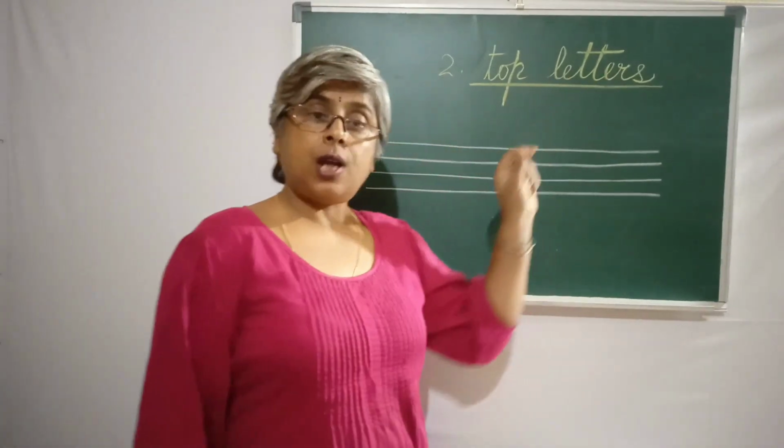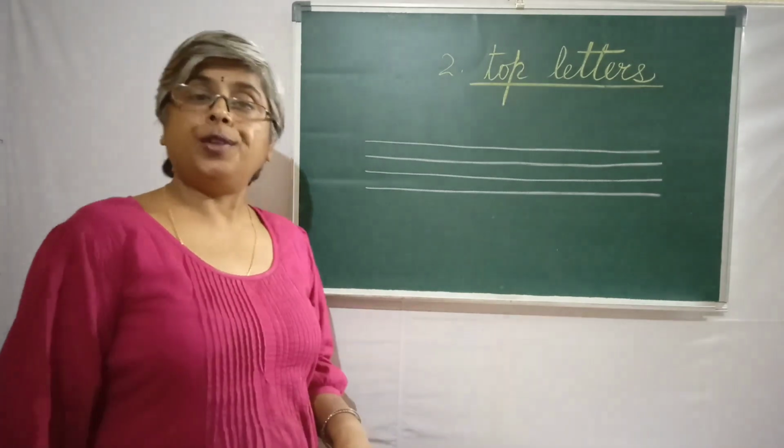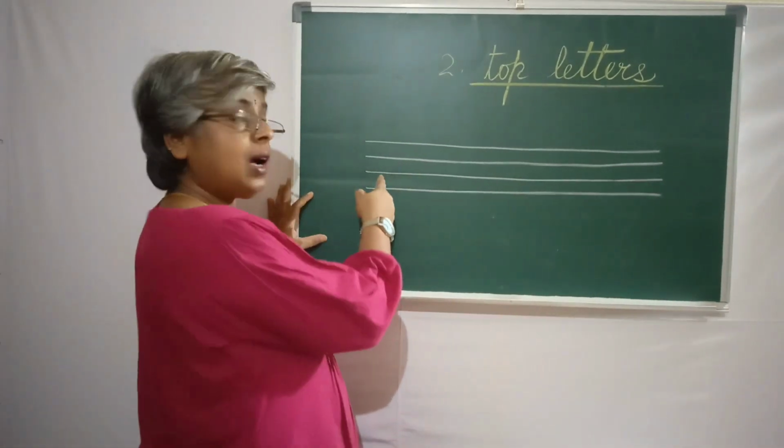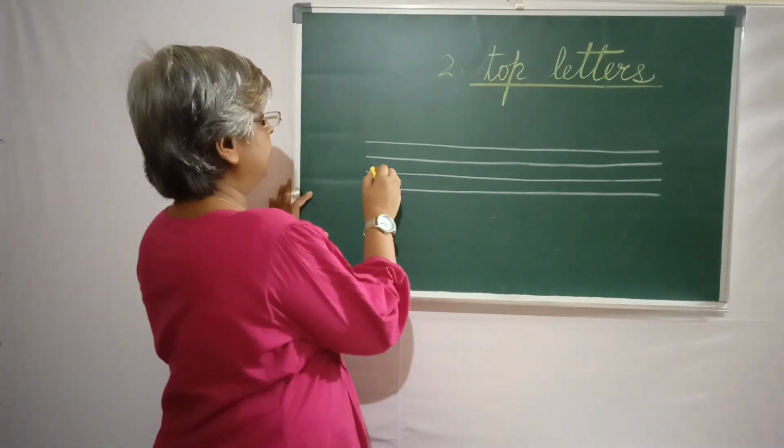So this is the first, second, third and fourth line. Top letters touch the first line of the four lines. So we find here B starts with the third line.